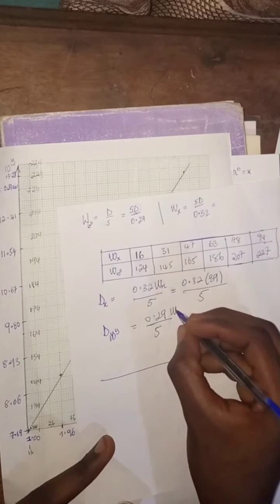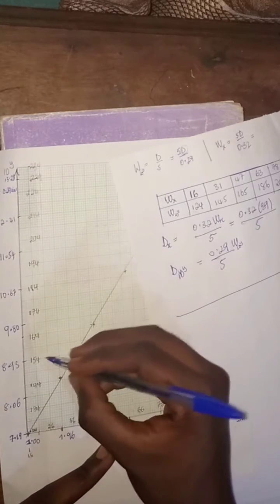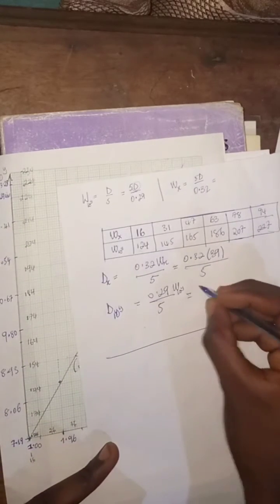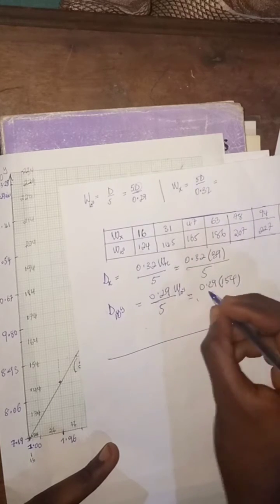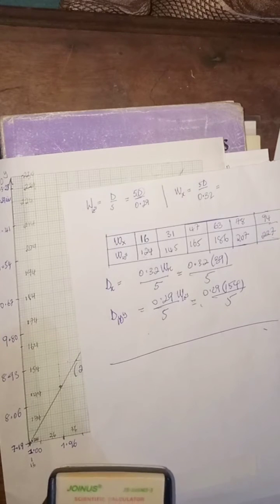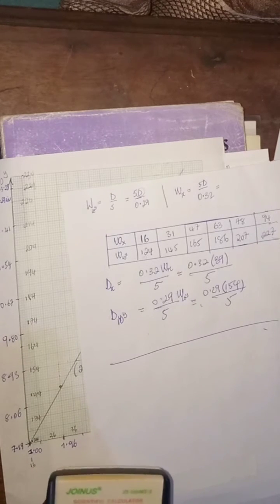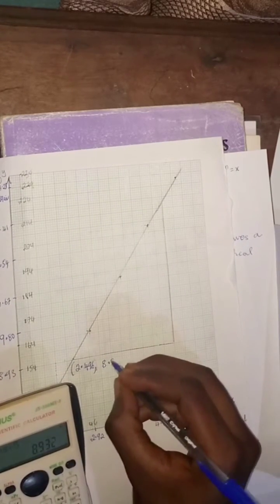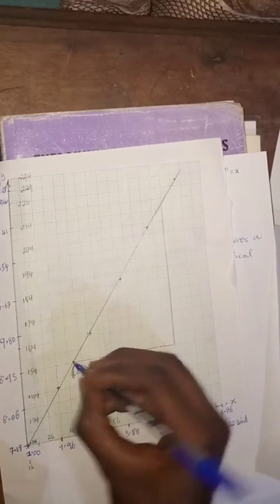The whole number part, right? 10 to the power y. So for 10 to the power y, the whole number part here is 154. Now calculate that 0.29 times 154 divided by 5, right? So I divide by 5. So I'm going to have 0.29 times 154 divided by 5. I'm going to have 8.932. That is the point here.